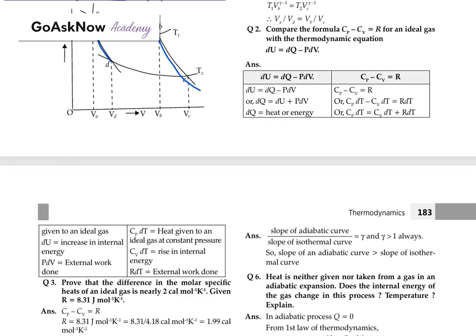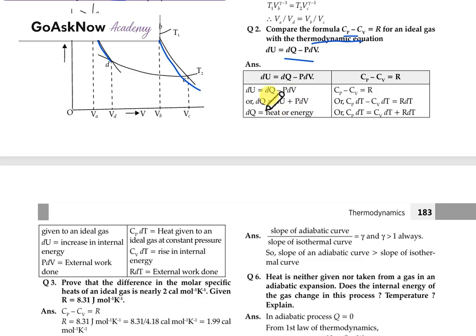Now, compare Cp minus Cv equals R for an ideal gas with the thermodynamic equation dU equals dQ minus P dV. The mathematical expression has been given, so we have to compare both. So here dU is equal to dQ minus P dV. We can write it as dQ equals dU plus P dV, and this we write as Cp dT equals Cv dT plus R dT.